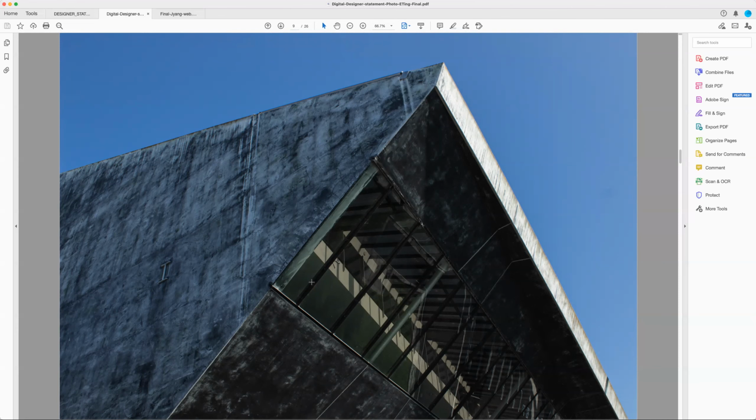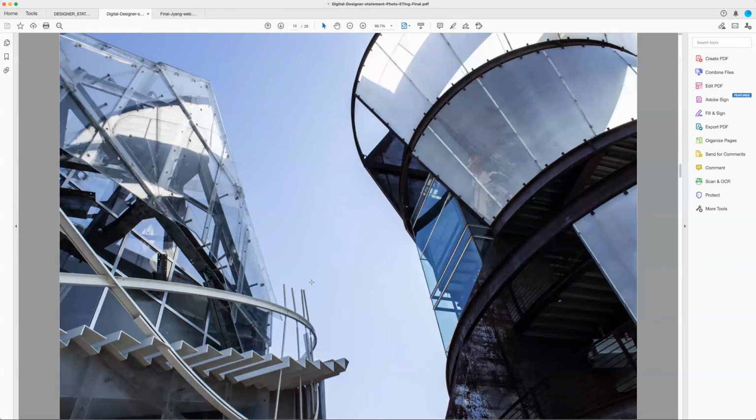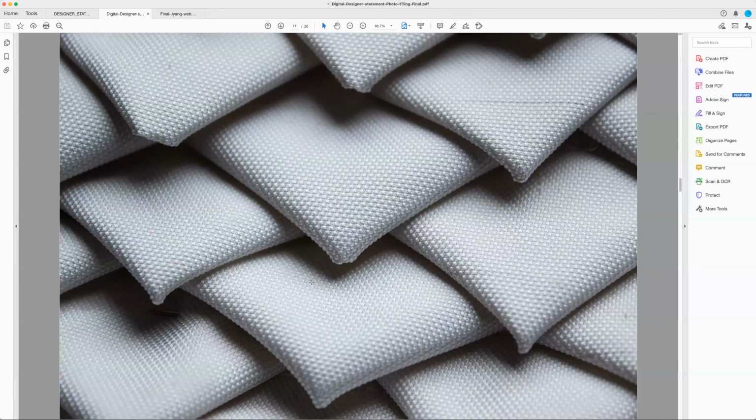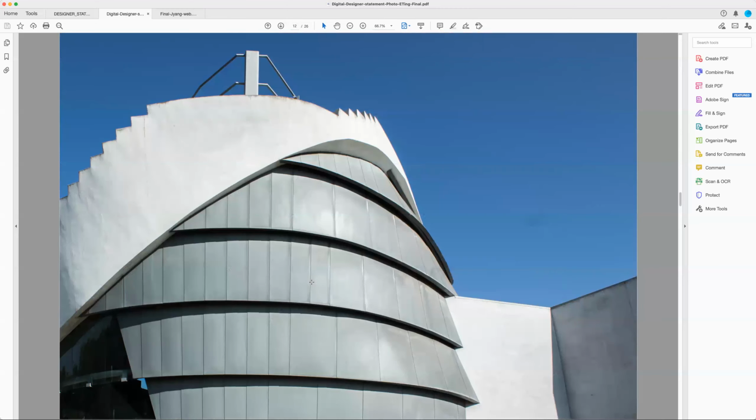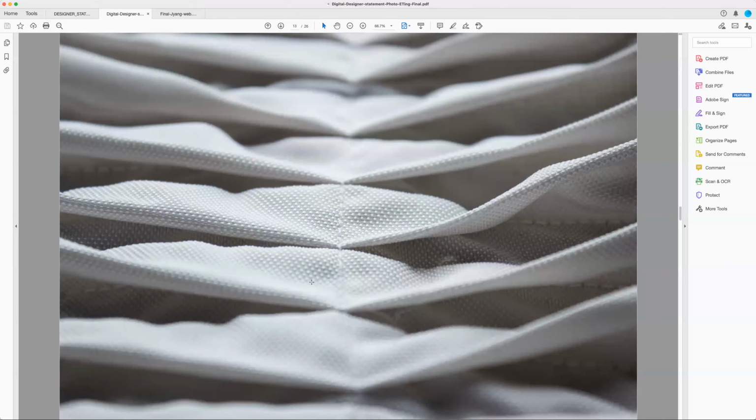Because this designer talks in their designer statement about structure and about line and about shape and form and how they tend to lean to more structural shapes and forms. And so it makes sense that this shot is in here because this represents that kind of structural shape and form. Shaped fabric. But again, we don't see the whole dress or the whole piece. We just see the details of the fabric.